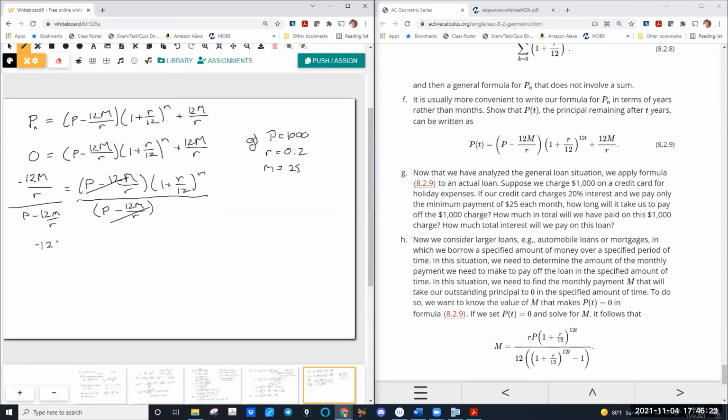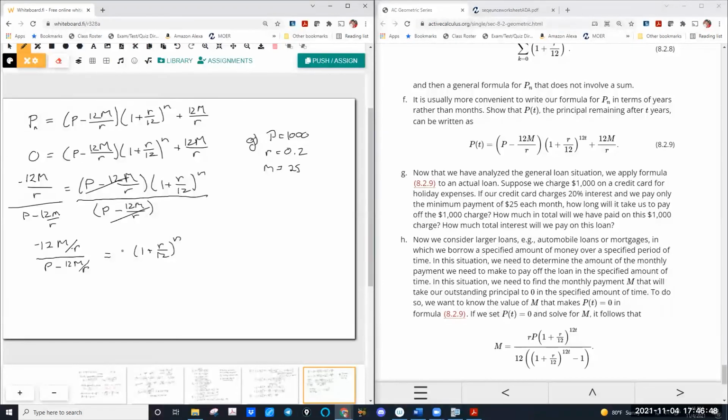So minus 12M, let's write it this way to give it a little bit more room, over R, P minus 12M over R. And we have something left where we have to get N out of an exponent.